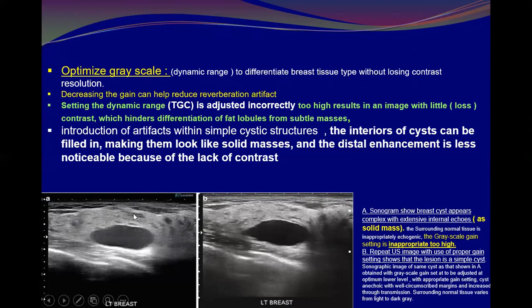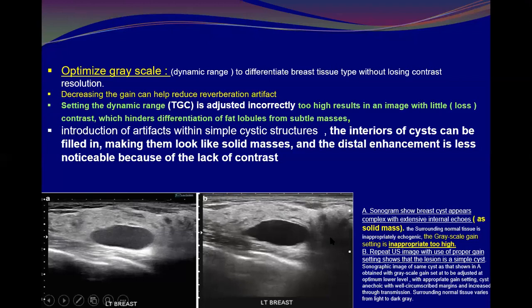Here, there is no contrast. The image is blurred. There is not much contrast between the breast tissue, and there are artifacts inside the cyst. There are reverberation artifacts, and the cyst here is seen as if it is a fibroadenoma, as if it is a soft tissue.